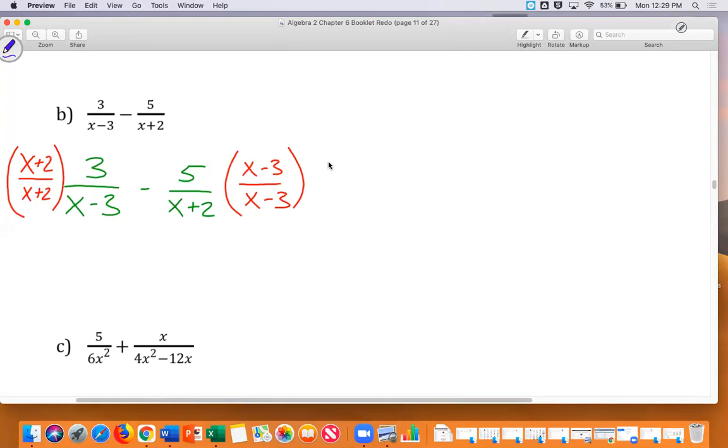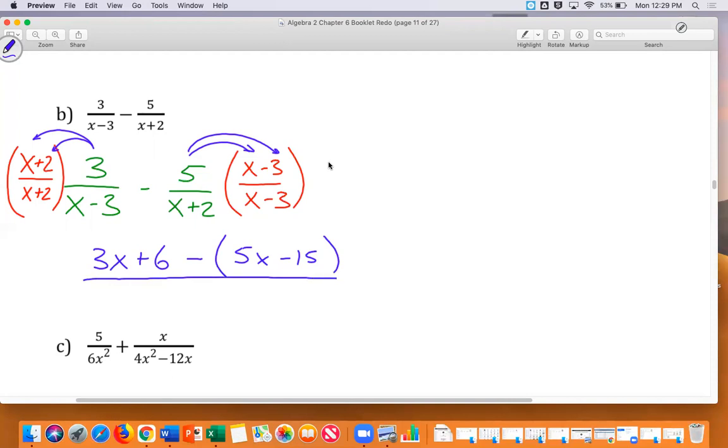So I will multiply the numerators out. 3 times x is 3x. 3 times 2 is 6, minus 5 times x is 5x. 5 times -3 is -15. And this is all over x plus 2 times x minus 3.